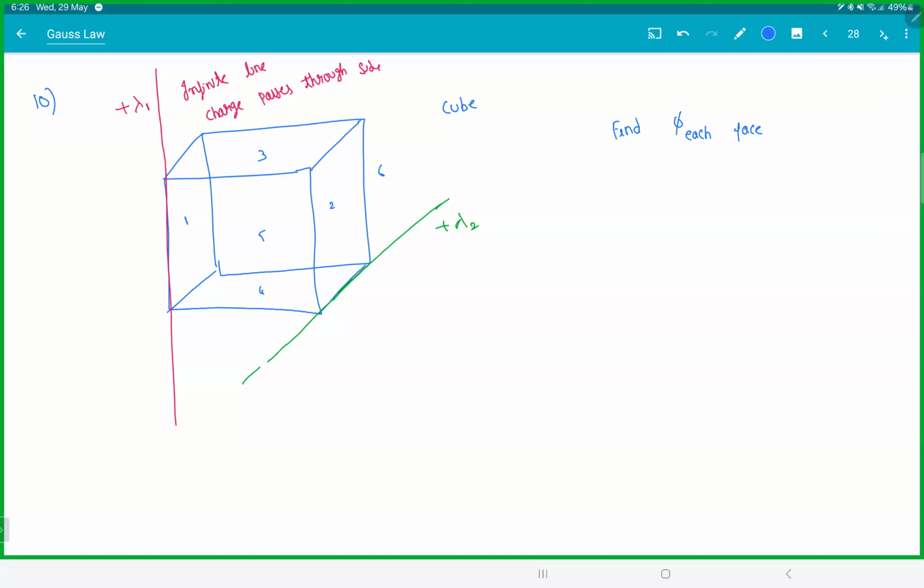Take it and prove it. For flux, what matters? Only the number of lines, isn't it? If you take a big cube or a small cube, why will the lines change? No, because. Achha, wait, let me try. It's an infinite line charge, it won't make a difference.